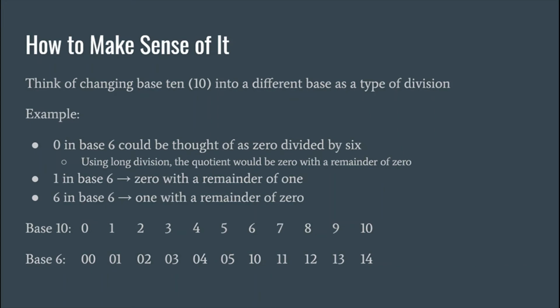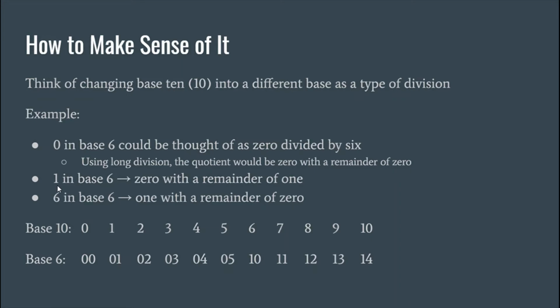Think of changing base 10 numbers into a different base as division. Say you wanted to change 0 into base 6. We use division, so 0 divided by 6. If you use long division, you would know that 6 goes into 0 0 times, and you would have a remainder of 0.